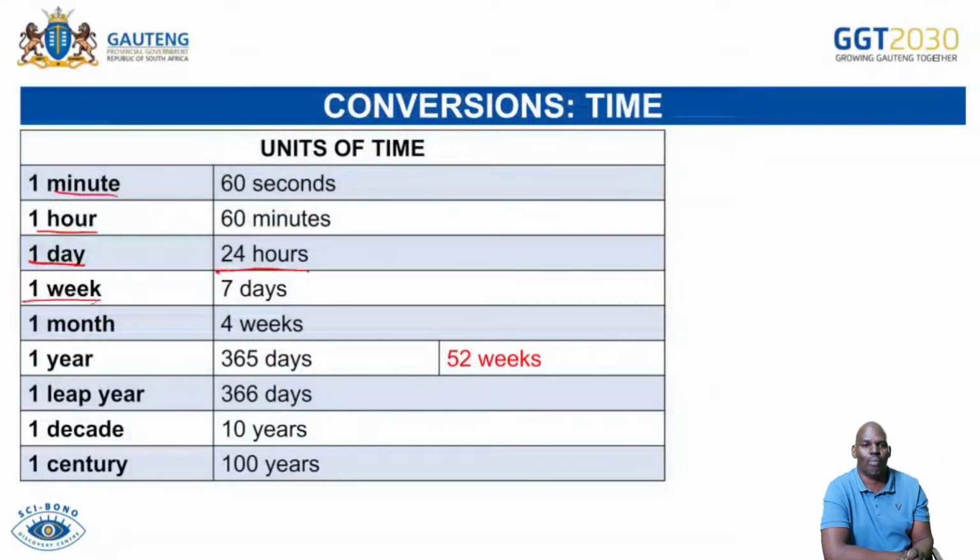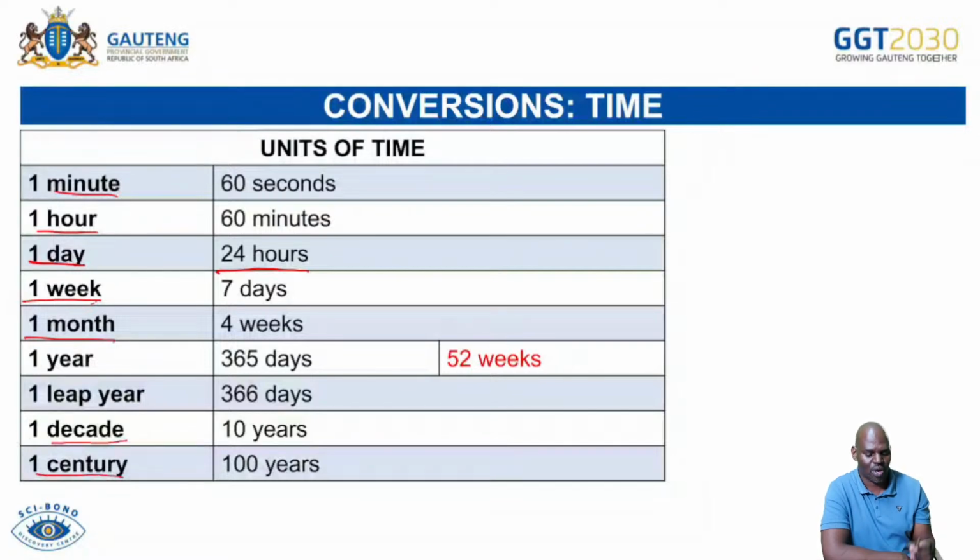And then 1 week, a normal week, is 7 days. And 1 month, a normal month, is about 4 weeks. It might not be exactly 4 weeks, but we estimate it to be 4 weeks. 1 year is equal to 365 days if it's a normal year, and then 1 leap year is 366 days. But the examiner might specify if it's a leap year or a normal year. And we've got a decade. You must know that a decade means 10 years, and a century means 100 years.